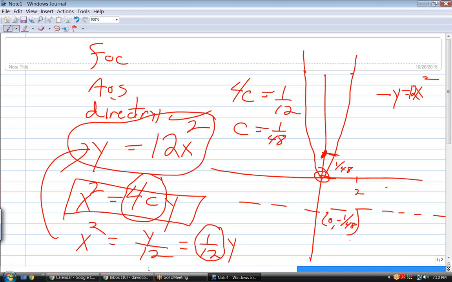Wait, so then how do you get the 1/48? Well, if I solve for c, I divide both sides by 4. And 1/12 divided by 4 is 1/48. So then where did the x squared go? It's still here.